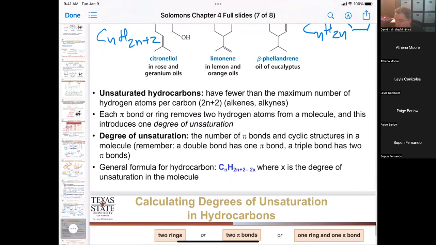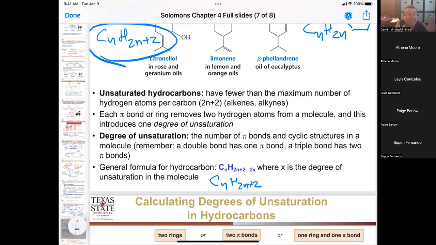If this is our generalized form for a saturated hydrocarbon, we're going to try to figure out how many degrees of unsaturation we have by doing a similar calculation. So we're going to have C_n, that looks familiar, H_2n+2, that would be a saturated hydrocarbon, minus 2x.